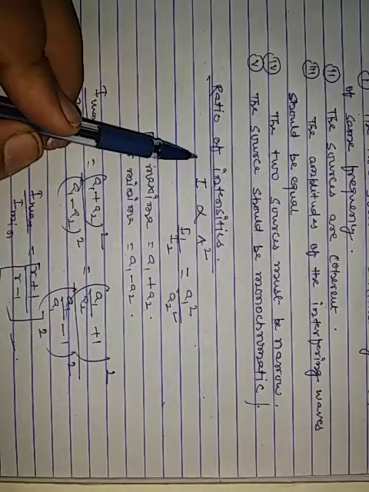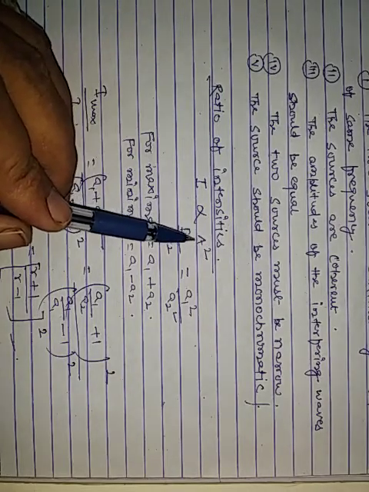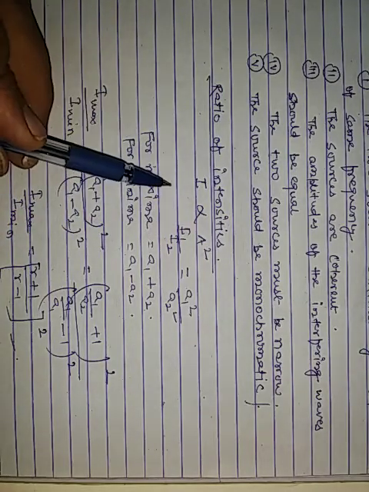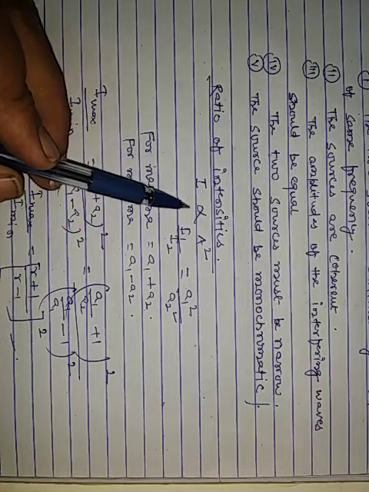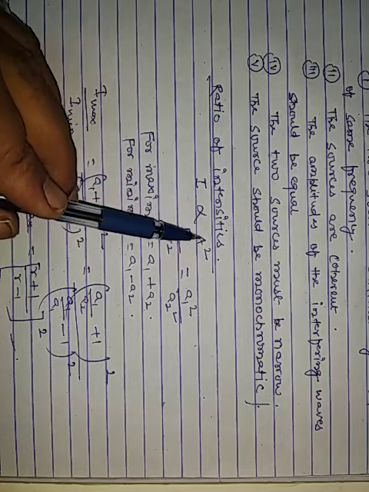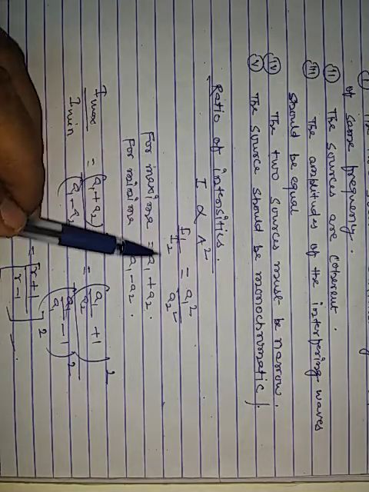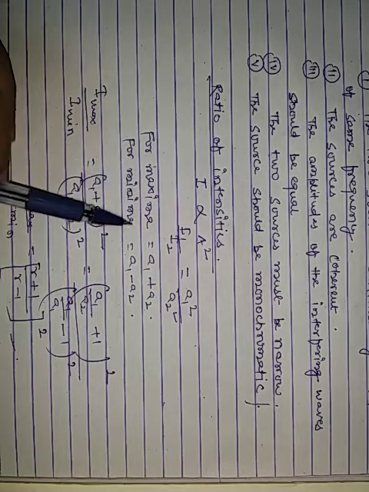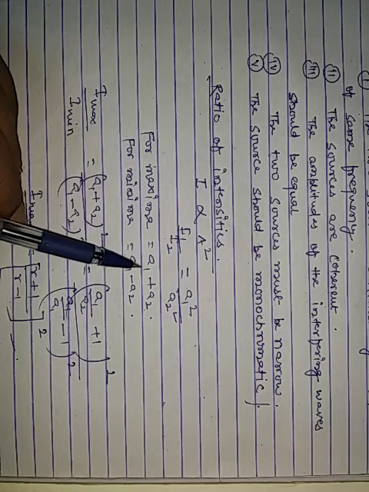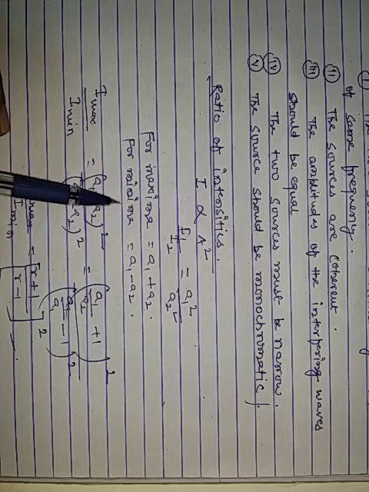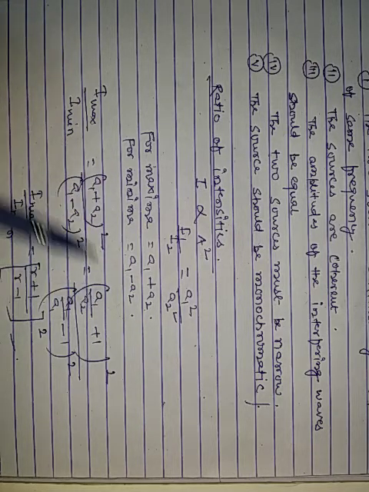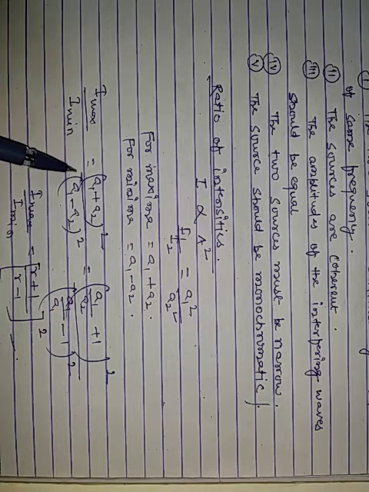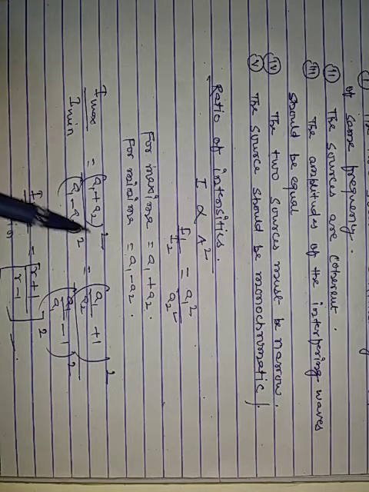Now the ratio of amplitudes and intensity. As we know, the intensity of a wave is directly proportional to the square of the amplitude. So I1 by I2 is equal to A1 square by A2 square. For maxima, the amplitude is A1 plus A2, and for minima, A1 minus A2. So I max by I min is equal to (A1 plus A2) square by (A1 minus A2) square.